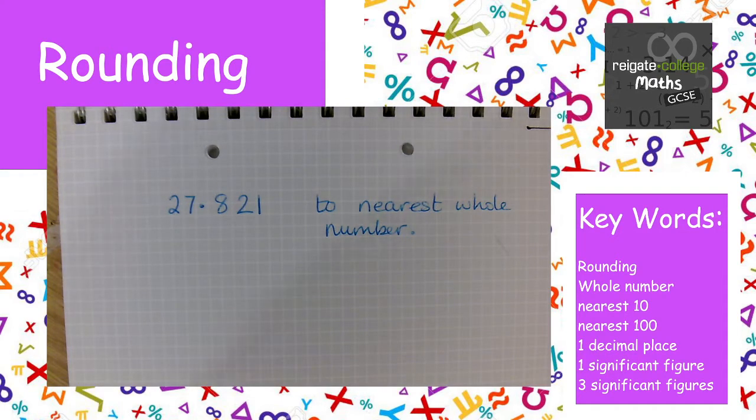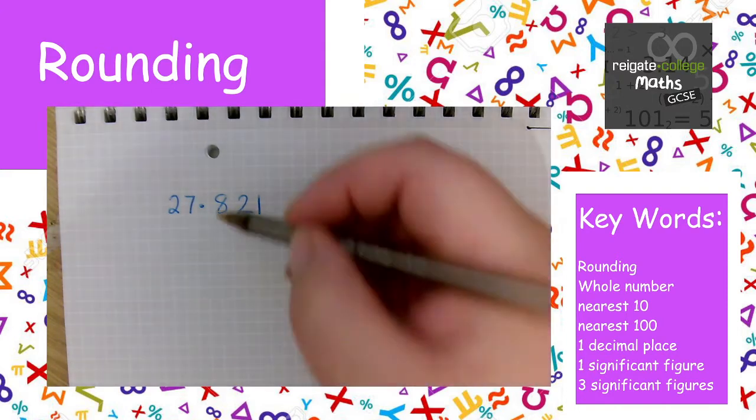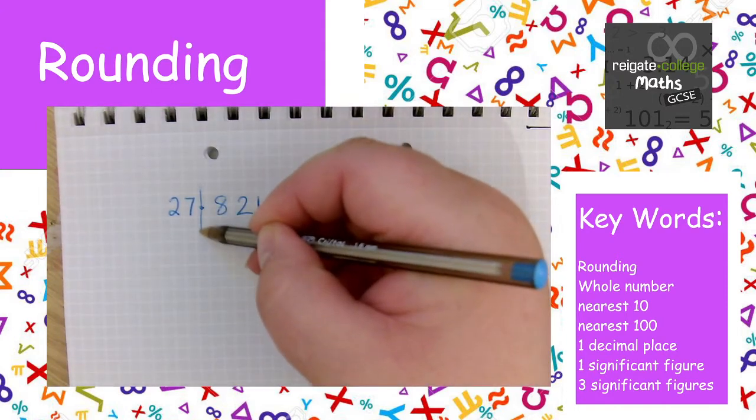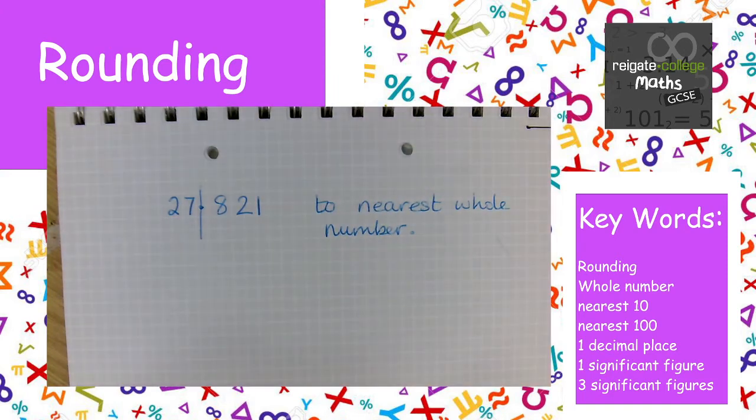What we have learned to do is to identify the degree of accuracy to which we're rounding a number and round it from there. So if we're looking at 27.821 to the nearest whole number, we want to finish our number right at this point.